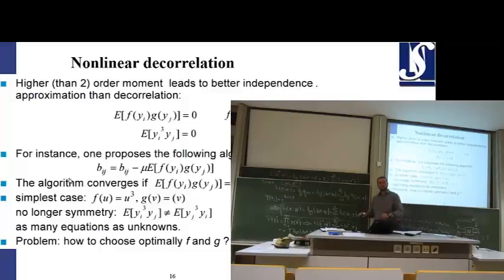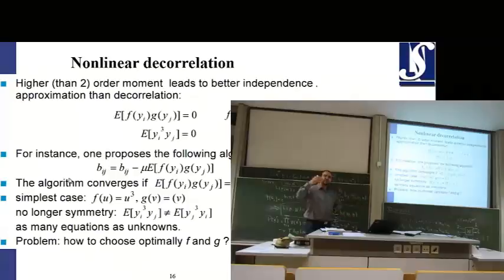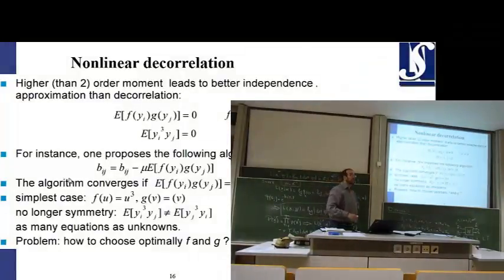That's the decorrelation. But decorrelation is just a second order independence. So people said that you can get an approximation of the higher order independence by using a nonlinear form of the signals.